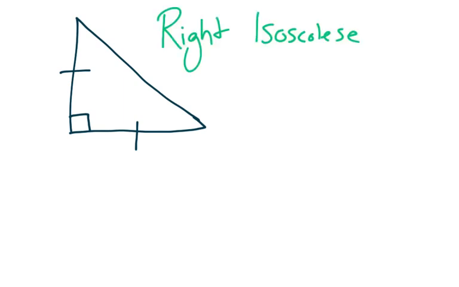This makes it a right triangle. If two sides are equal, this would be a right isosceles triangle, because at least these two sides are equal. You can also have a right scalene triangle when all three sides are different lengths.